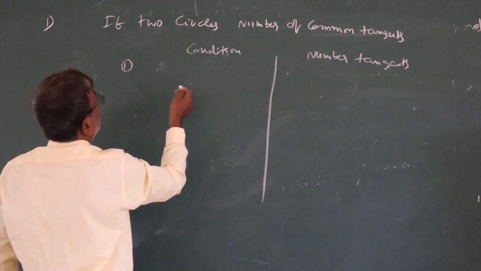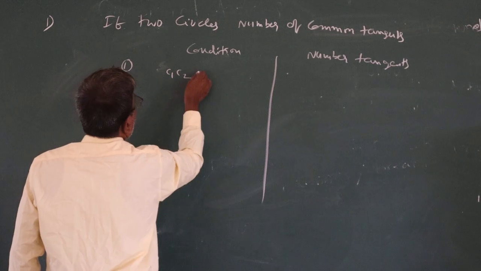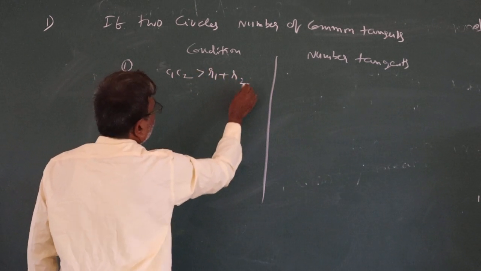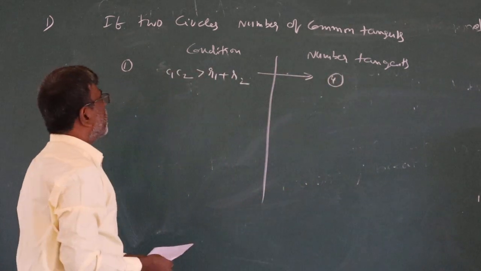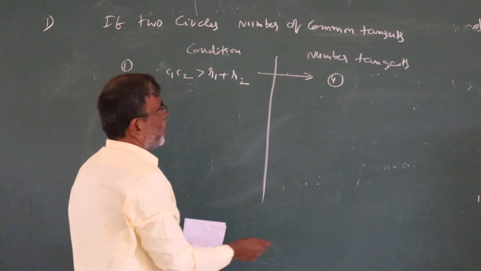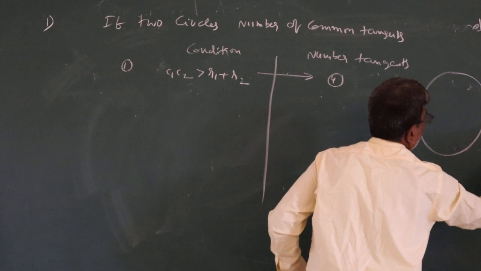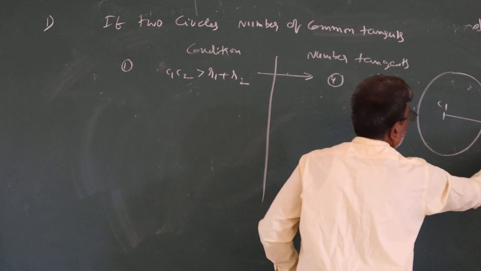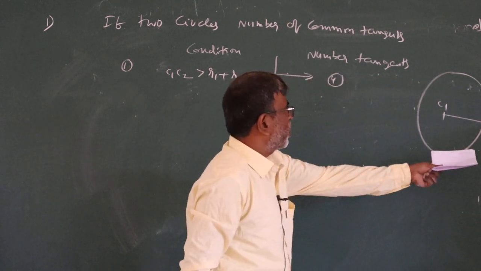Suppose C1C2 is greater than R1 plus R2. Then the number of tangents is 4. C1 and C2 are the centers of the circles, this is one circle and this is another circle. R1 and R2 are the radii.